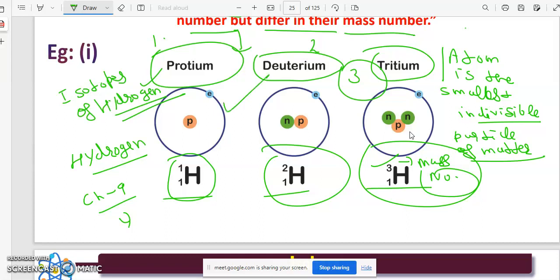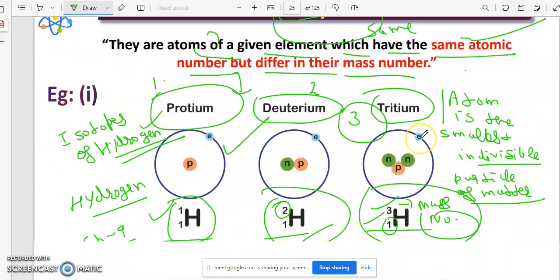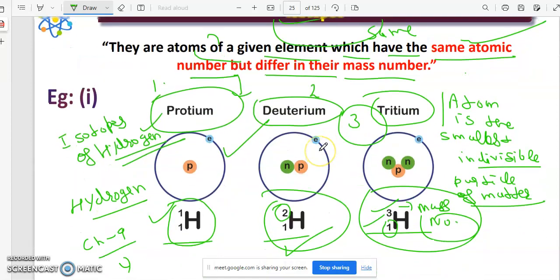Protium, atomic number 1, mass number 1. Deuterium, atomic number 1, mass number 2. And tritium, atomic number 1, mass number 3. On the basis of this, these are the three isotopes of hydrogen. So I think this is clear to you. Isotopes. Any doubts?